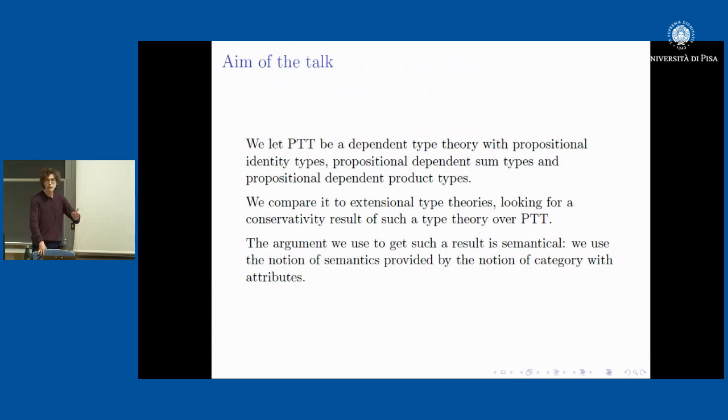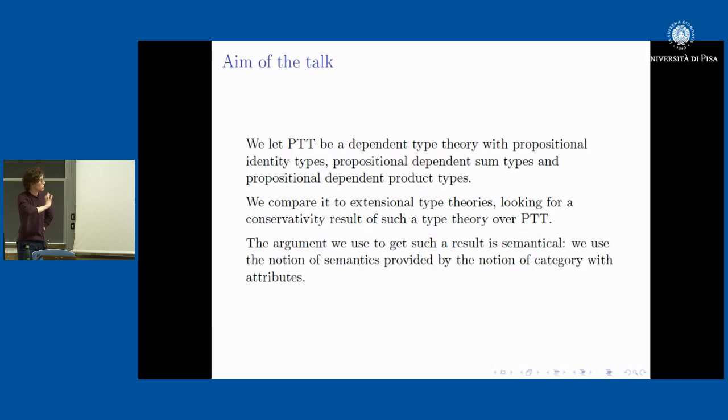We let PTT, for propositional type theory, be a dependent type theory with propositional ID types, propositional sigma types, and propositional pi types. And our aim is to compare it to extensional type theories, looking for a conservativity result.